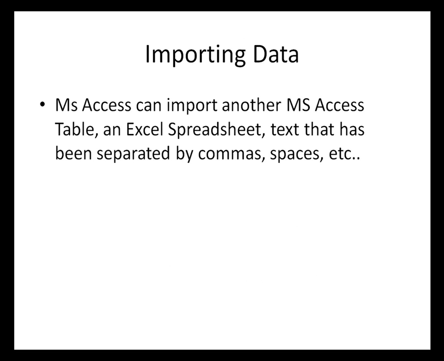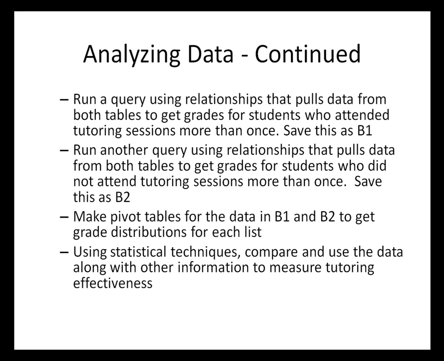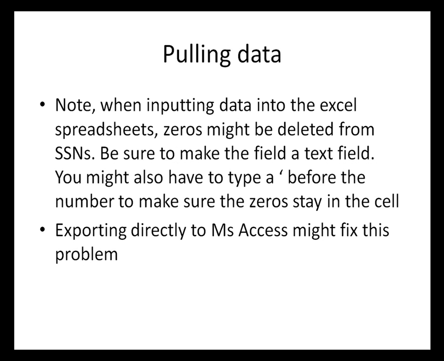We pulled 2 Excel spreadsheet lists, but text data and Microsoft Access database data can also be imported into MS Access. Once we had the data in our database, we ran a query using relationships so that we could get grades for both sets of data, students who did attend tutoring and students who did not attend tutoring. Once we got the 2 lists, then we used pivot tables to get grade distributions for both lists.